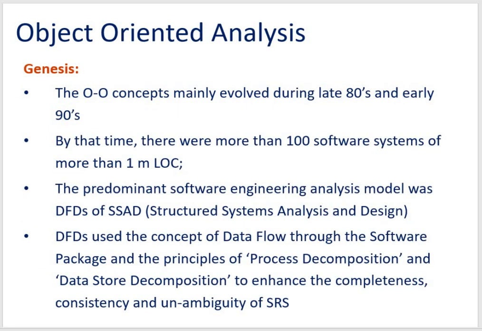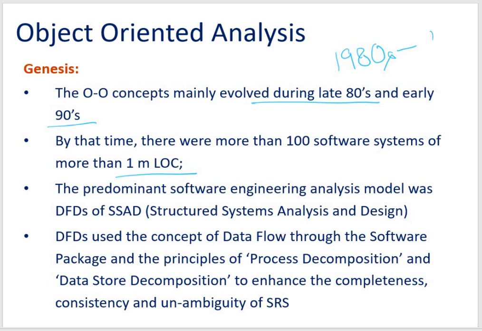Now to start with, the object oriented concepts mainly evolved during the late 80s and early 90s, right? And by that time there were more than 100 software systems of more than 1 million lines of code. We are talking about the years 1980s to 90s, right?